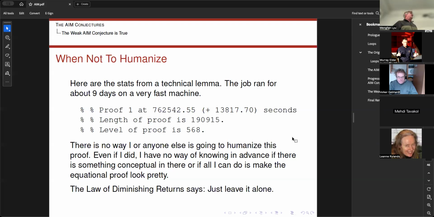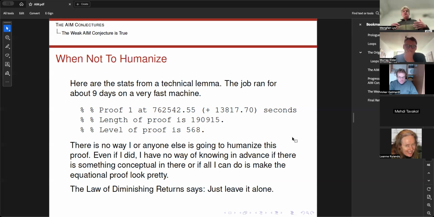The proof has 191,000 steps. I'll be damned if I'm going to read that proof. Now, if I were an abusive personality, I would, of course, assign a student to do it. But I'm not, so I'm not going to do that either. There's no way anyone is going to humanize this proof.